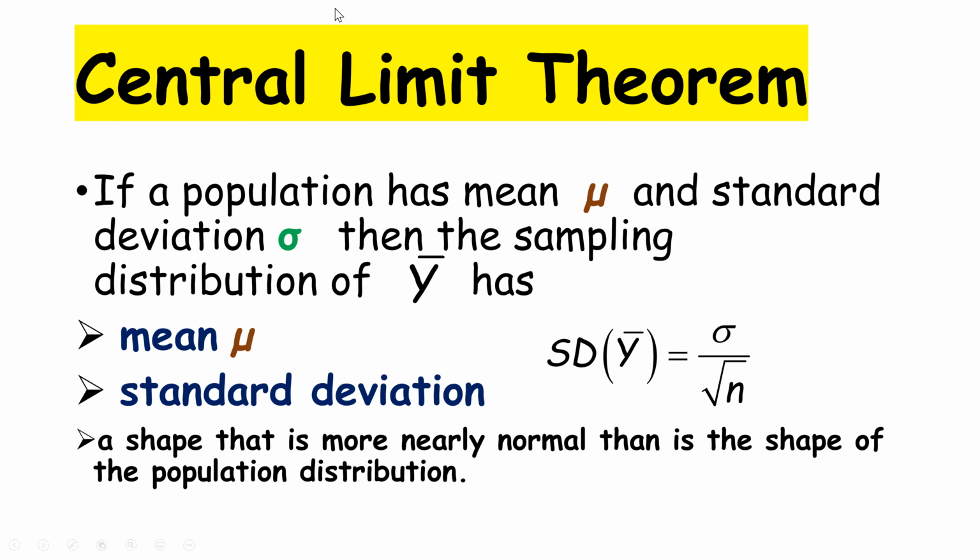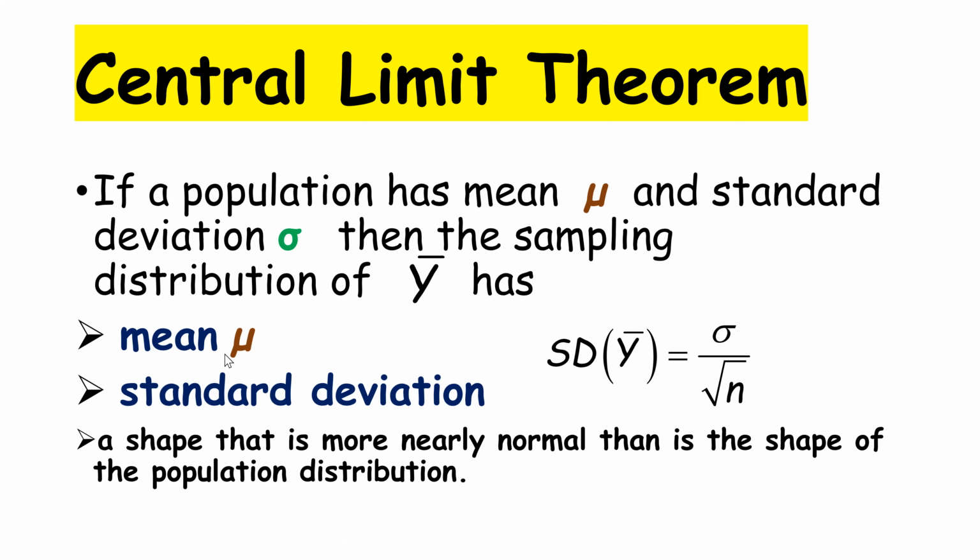Now there are results. The Central Limit Theorem is the most famous theorem for us, right? If a population has mean mu and standard deviation sigma, then the sampling distribution of y bar, if I were repeating this sampling, is the result that I will see.